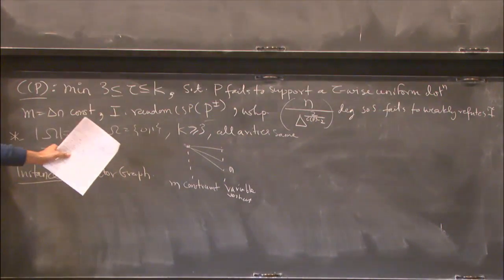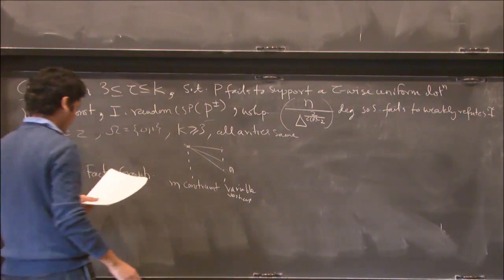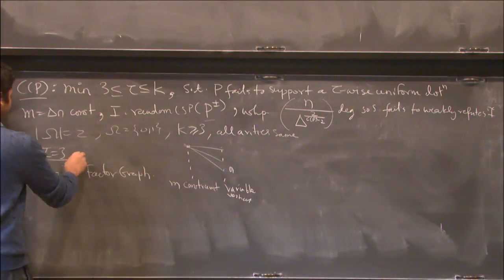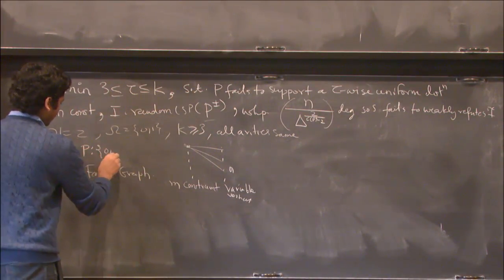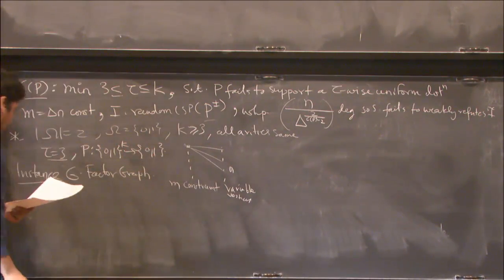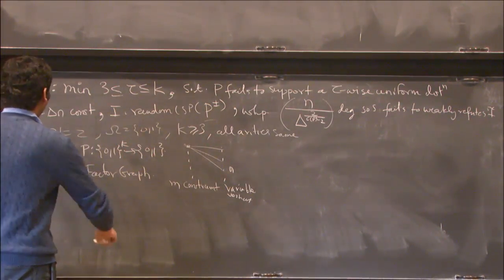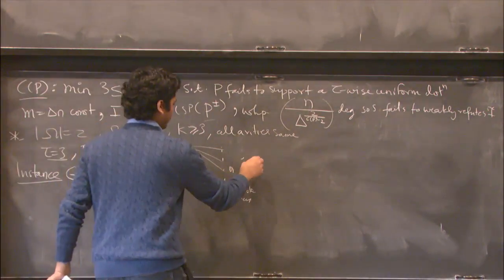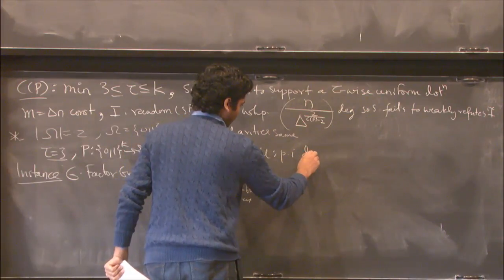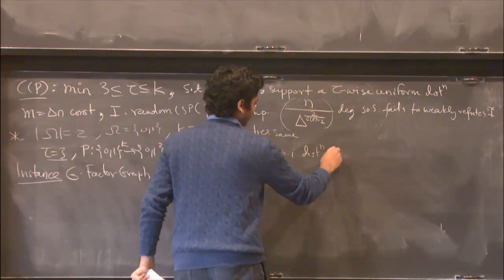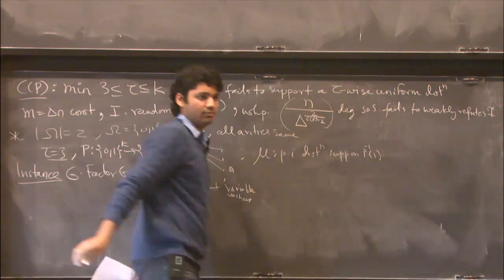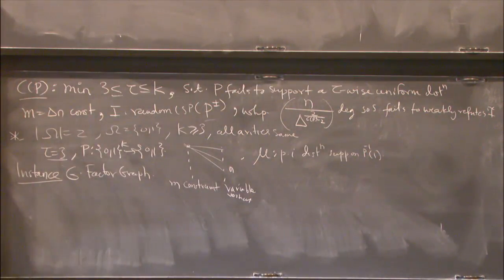So this I call the factor graph, and since I'm looking at Boolean, I'm going to look at a k-ary Boolean predicate now. And I'm also going to have a pairwise independent distribution supported on P inverse 1. Okay, good.